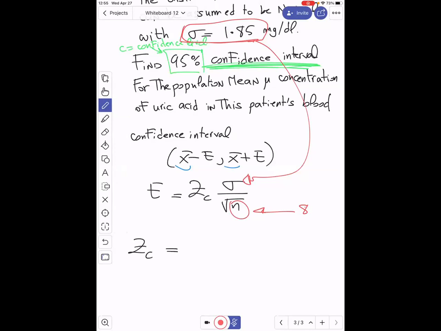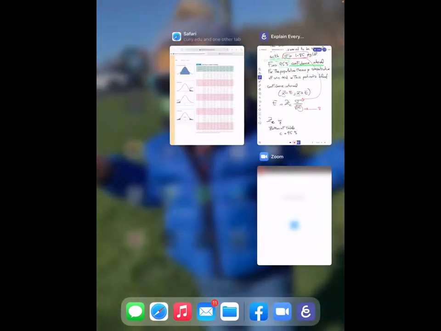And how do we find this Z subscript C? Well, we use the bottom of the table phi. With the confidence level C, you know that C is 95%. So let's go to the bottom of the table phi.